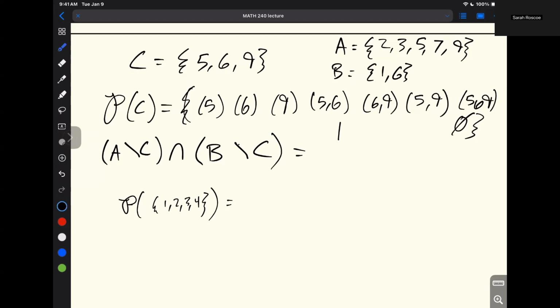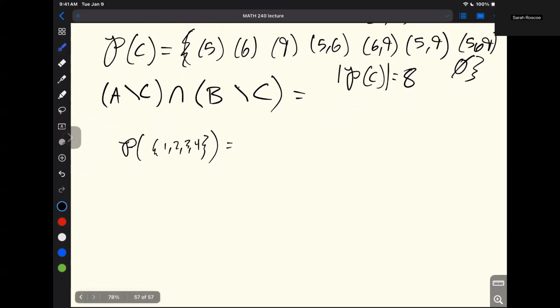And what's the size of the power set of C? What's the size of C? 3.